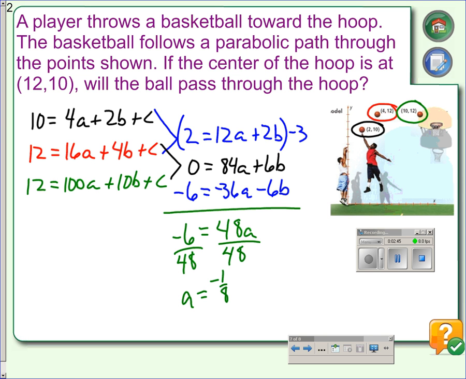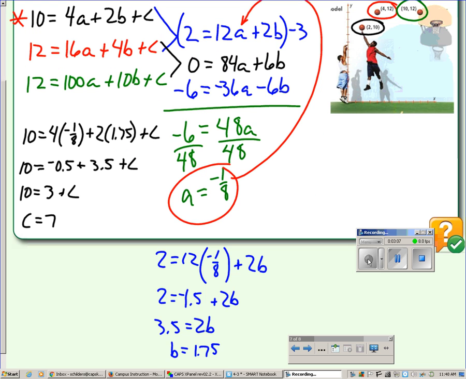Okay, then we're going to take -1/8 and plug it back into the top blue equation right here, and we'll calculate b, and then we'll take both of those answers and plug them into our original black equation here to get c. As you can see, I did the math here, and I ended up with b equals 1.75 and c equals 7.